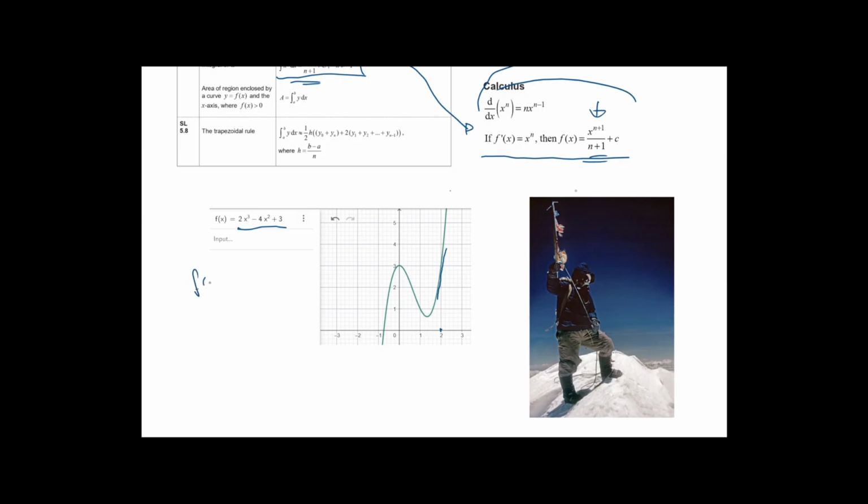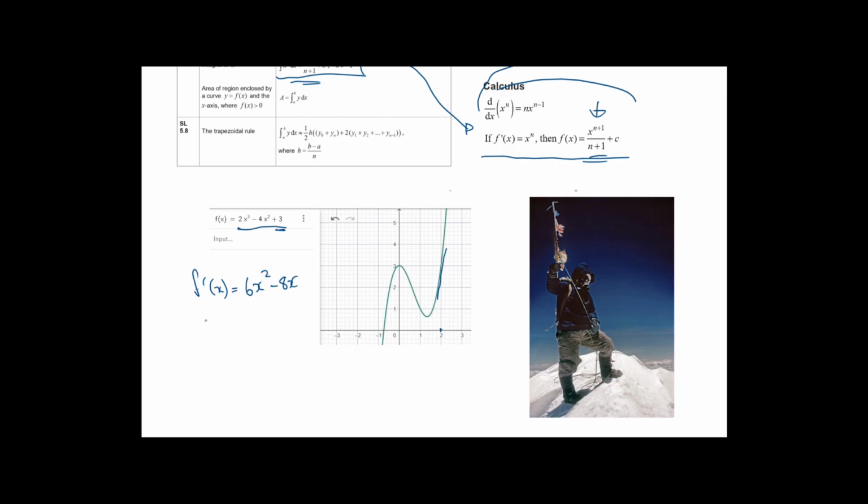I'm going to differentiate it, and you should be pretty good at it now. So 2 times 3 is 6x, and we lose 1, minus 2 times 4, which is minus 8x, and then we lose 1, and then the 3 disappears. Just take a note of that 3 disappearing there, because it's going to come back later on.